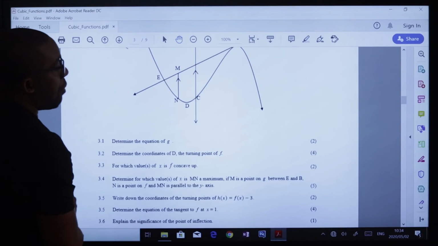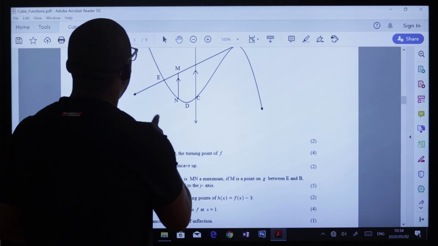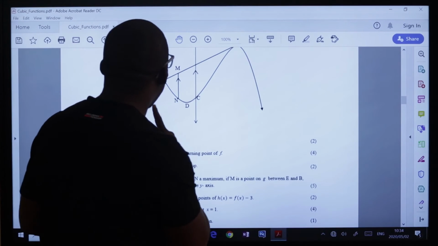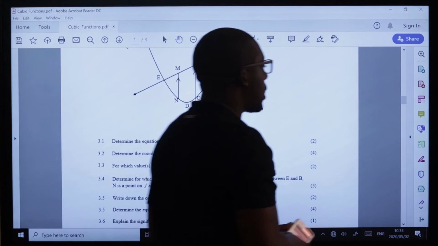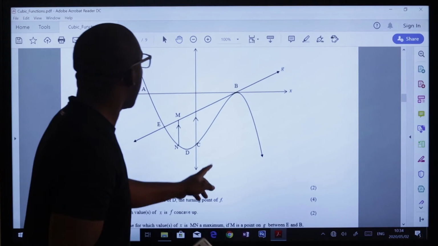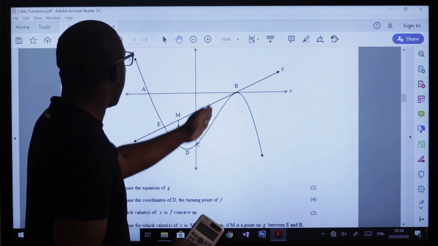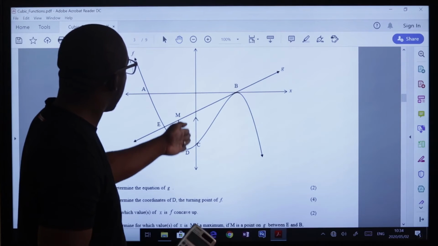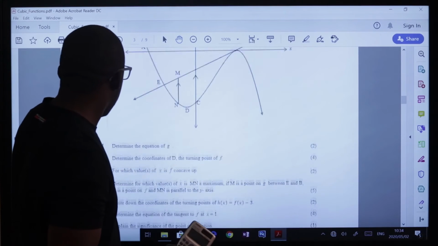And we knew the turning point was in D and MN, the minimum value of that distance there. The maximum it can get was if x was equal to 2.83. 2.83, that would be on this side, which would give a minimum, and this one would give a maximum here at negative 0.83.